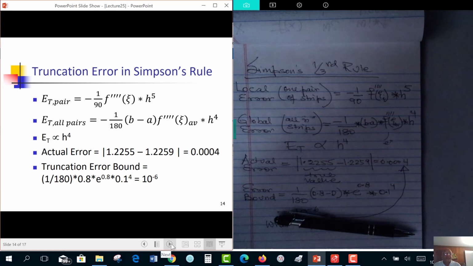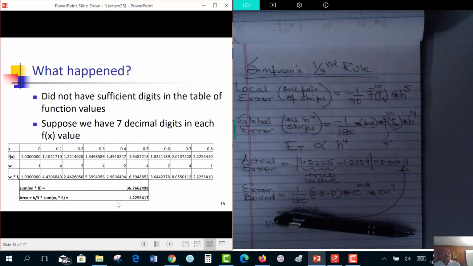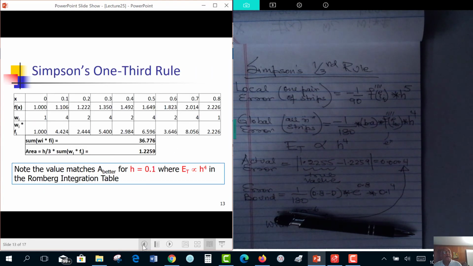Well, it turns out that we don't have enough significant digits, sufficient digits in our table of function values. So our original table had only 4 significant digits in each value.